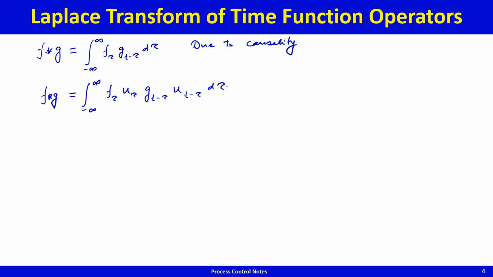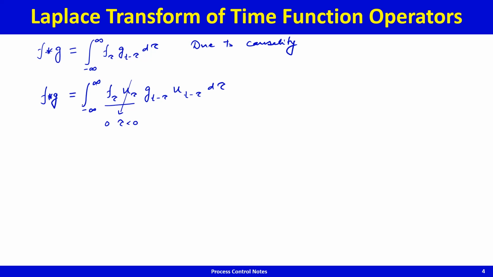And you can see that this thing goes to 0 for tau less than 0, so your integrand will go to 0.